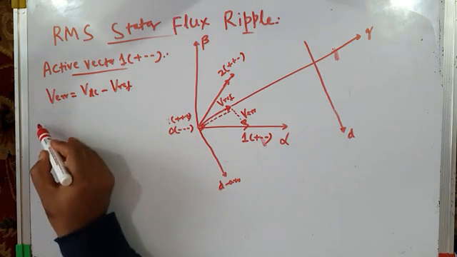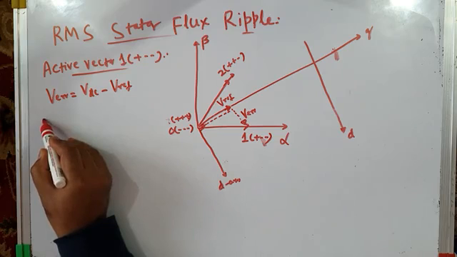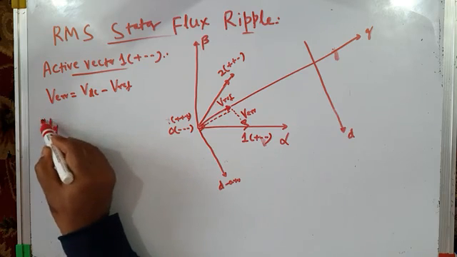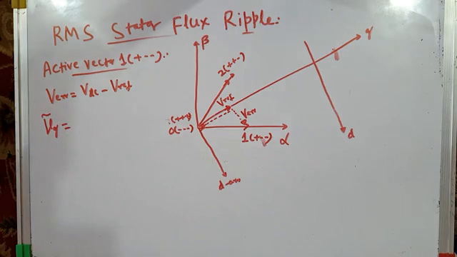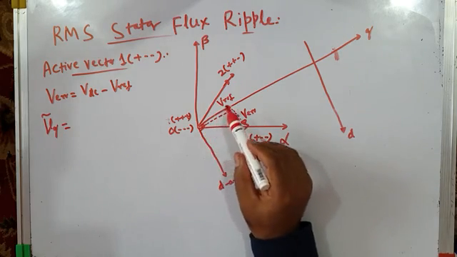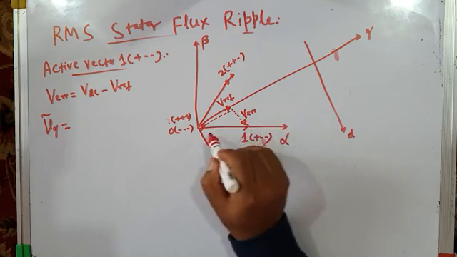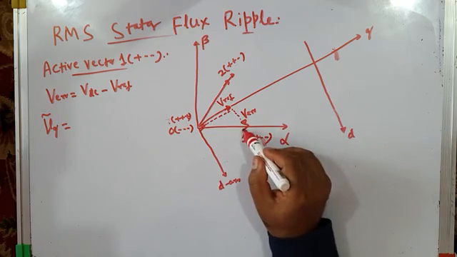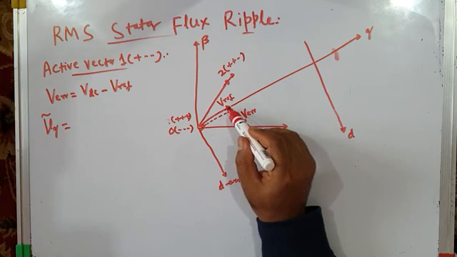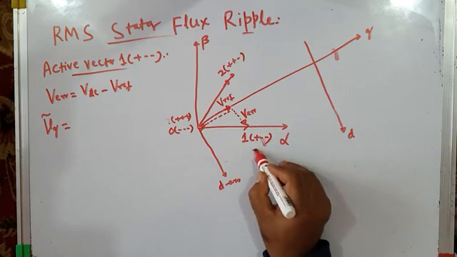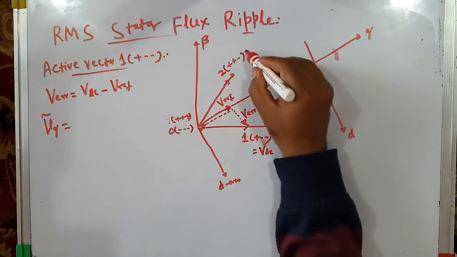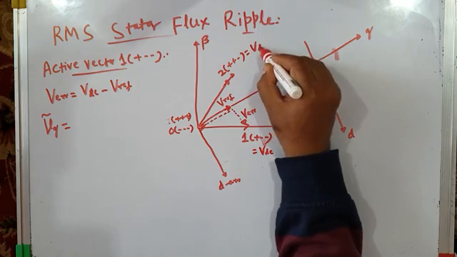Okay, so the error voltage vector along Q axis, VQ tilde, is equal to, along Q axis what are we applying? We are applying active vector 1. Active vector 1 is along alpha axis, and its length is VDC, and active vector 2's length is also VDC.